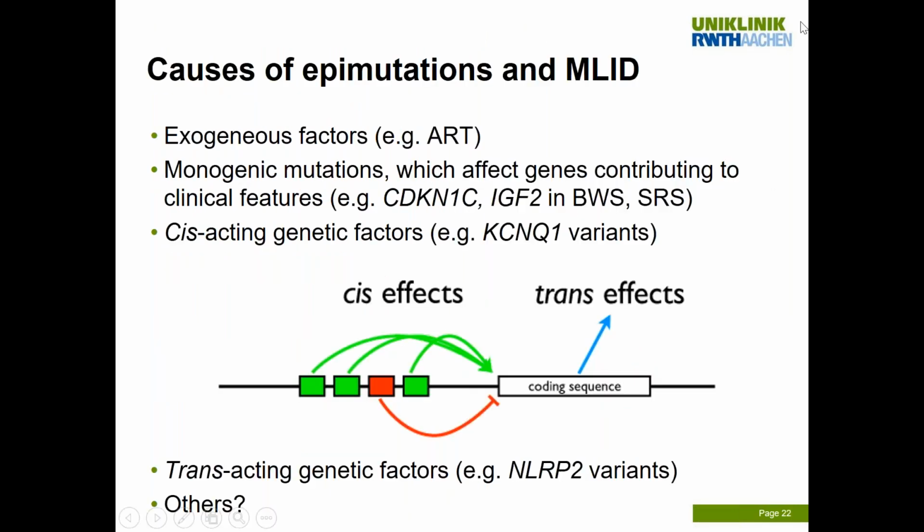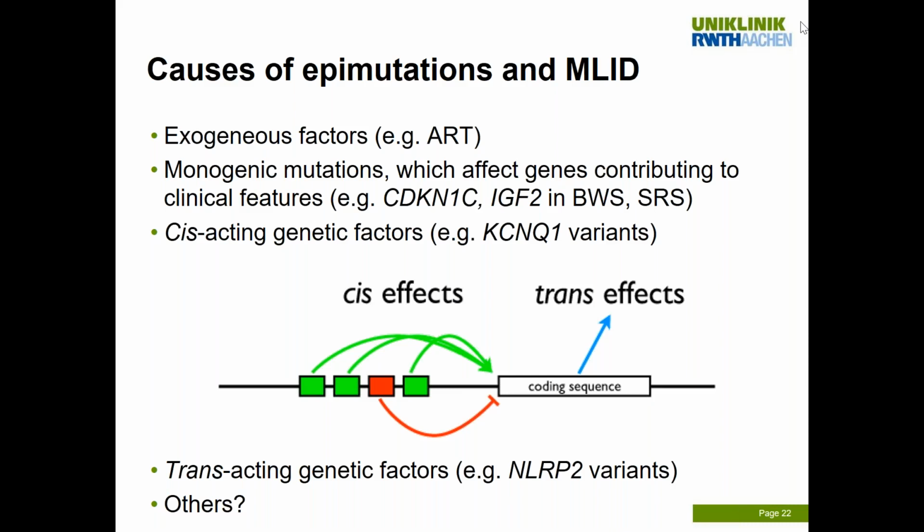Why do I mention MLID, multilocus imprinting disturbances? Because MLID gives us some ideas how imprinting is regulated and how epimutations are caused. Meanwhile, we know that assisted reproduction techniques might have an influence on the methylation pattern of an embryo, and several MLID patients have been born after assisted reproduction.